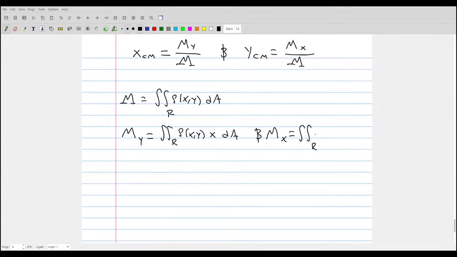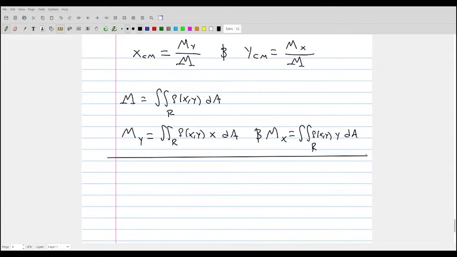So it's the double integral over the region R of the density function times y. So in general, calculating the center of mass of a lamina involves calculating these three integrals and then plugging them into those two equations for x center of mass and y center of mass.